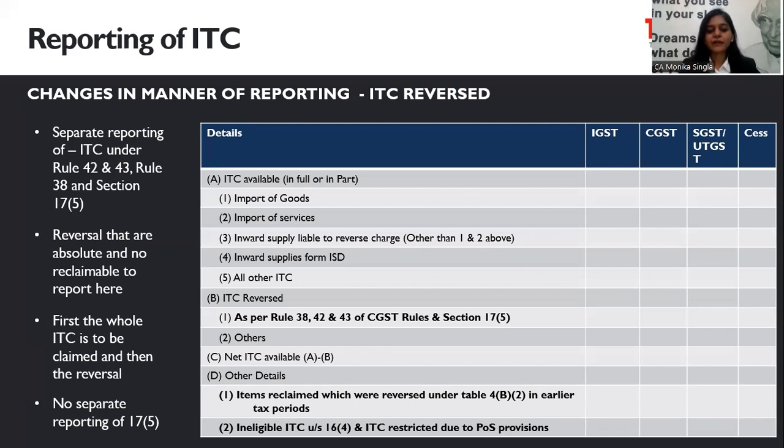So if there is a certain invoice for which the time limit for claiming the credit has lapsed, then it will be shown in 4D2.